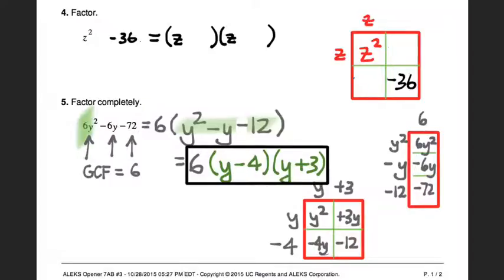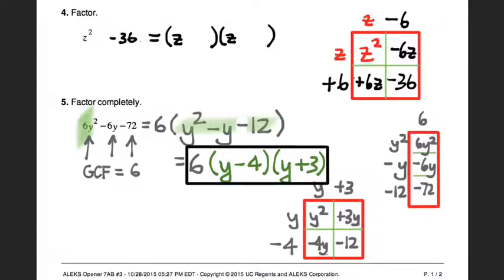But we could still play the same game, and I can ask you, tell me a pair of numbers which multiply together to give me negative 36. How about negative 6 and positive 6? That certainly works, right? It multiplies together to give me negative 36. And then in my grid, I'm going to have negative 6z up here, positive 6z down here.